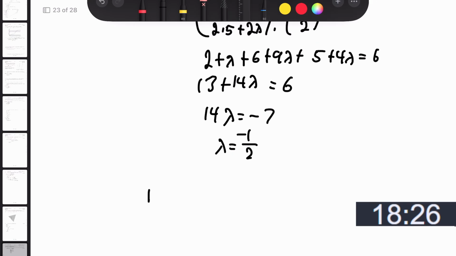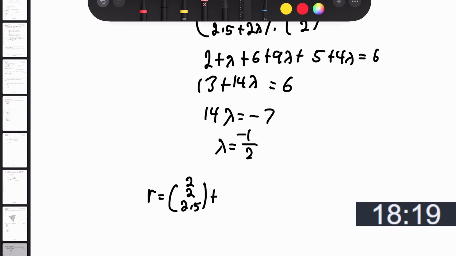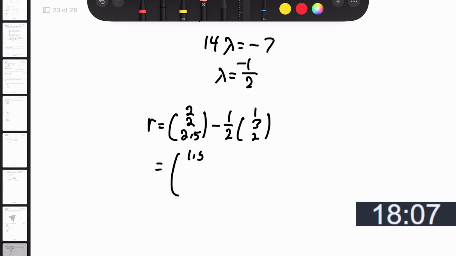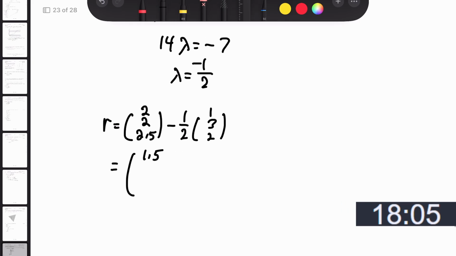So then r is equal to (2, 2, 2.5) plus negative 1/2 of (1, 3, 2). And this is going to equal 1.5, 0.5, and then 1.5. Let's just double check that. Given that x is equal to negative 1/2, it is 1.5, 0.5, 1.5.